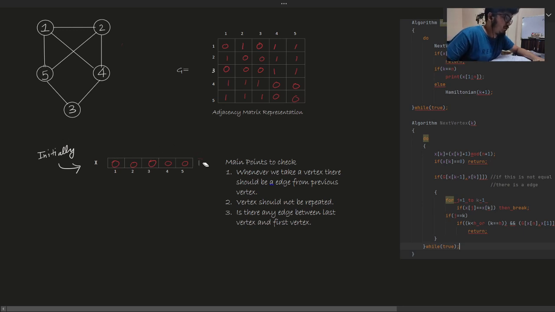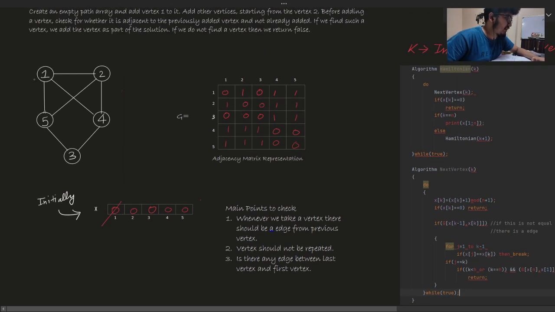Now what will we do? Suppose we are starting from this vertex. Initialize this to 1.